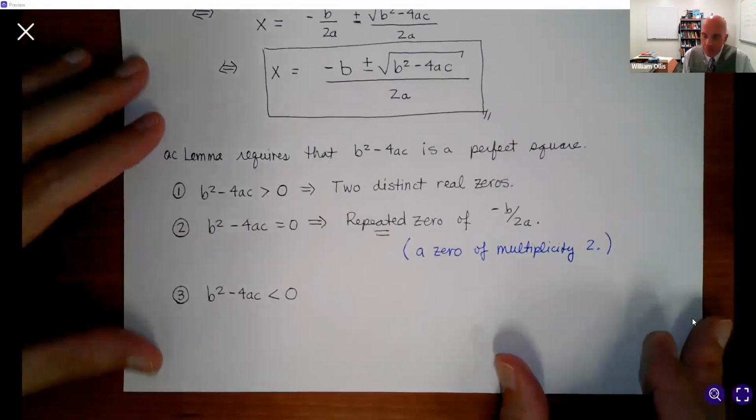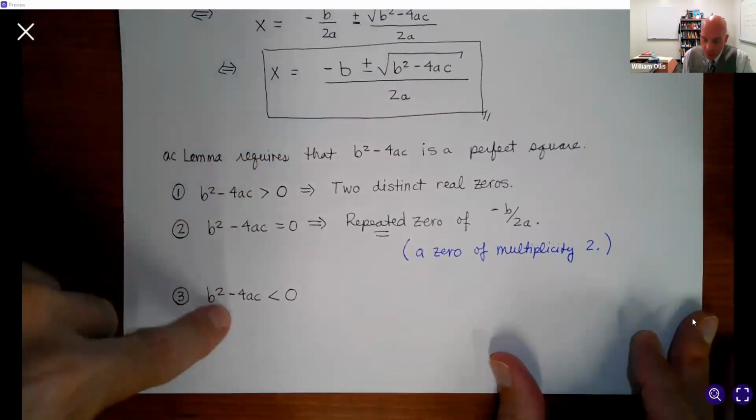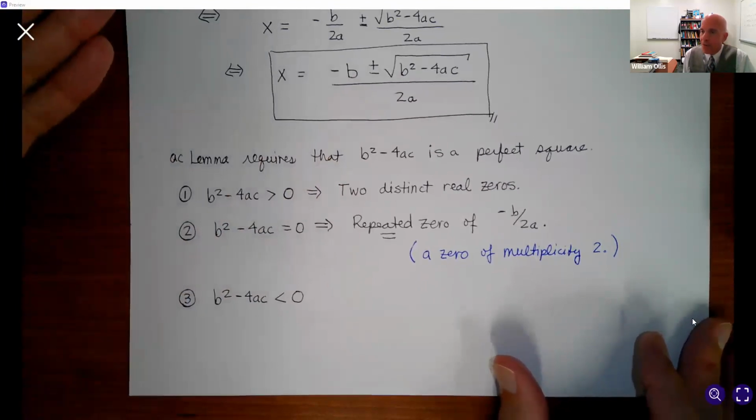So notice now, if b squared minus 4ac, that is the argument of the square root, is less than 0, then the square root that results is an imaginary number.